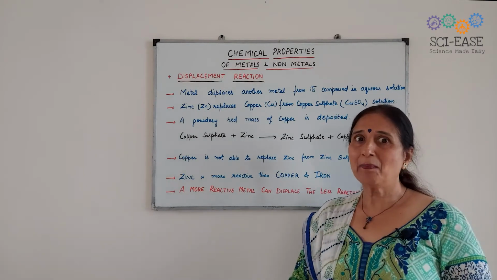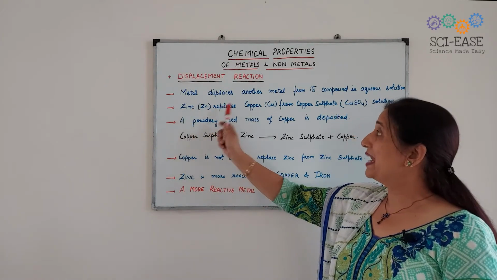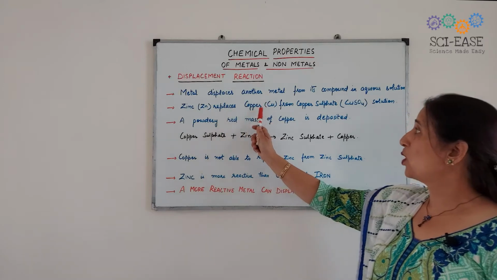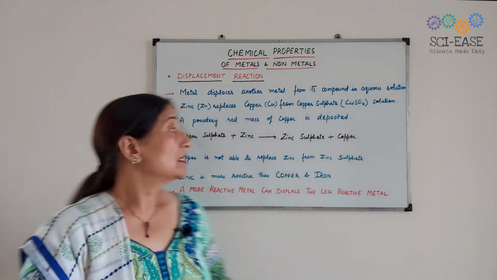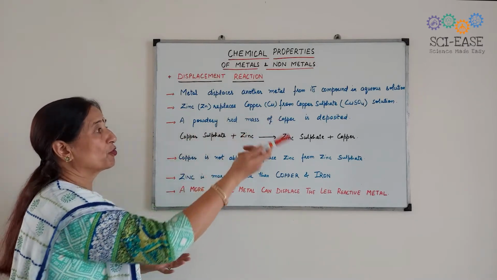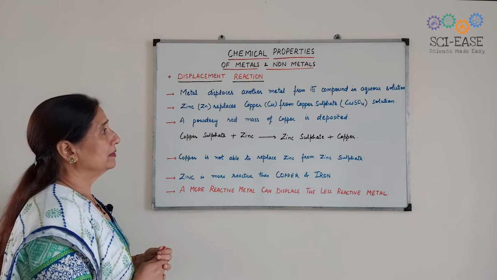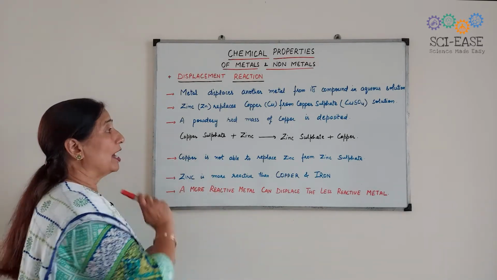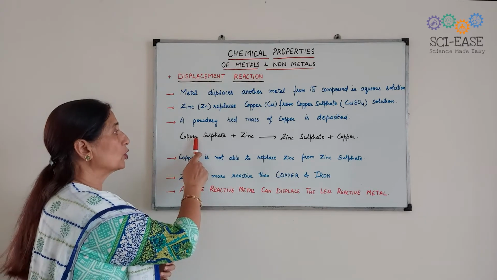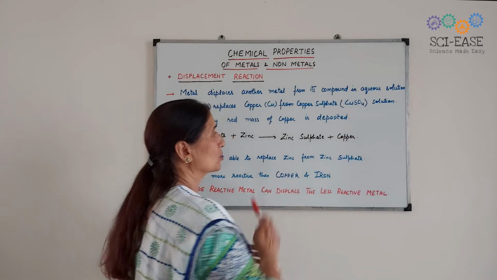So why does this happen? Again here, zinc replaces or displaces copper from copper sulfate solution, and a powdery red mass of copper will be deposited on this zinc plate. Now I have given the word equation: copper sulfate plus zinc forming zinc sulfate plus copper.